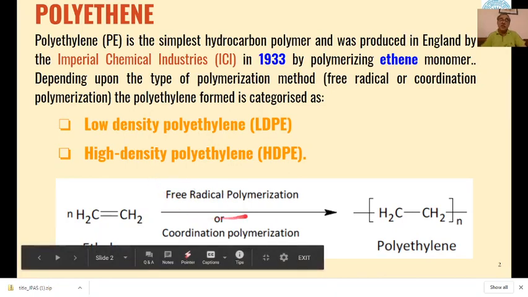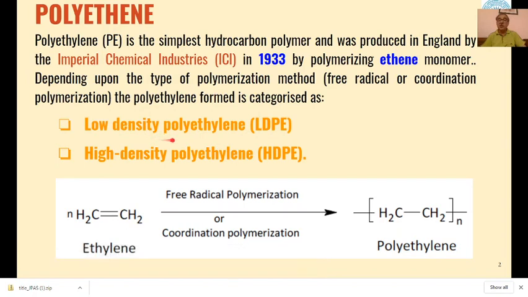Now, when this ethene is polymerized to give us polyethylene, depending upon the technique of polymerization used, that is free radical or coordination, we will get two types of polyethenes. One is low density polyethylene, which is known as LDPE, and the other is high density polyethylene, which is called HDPE.